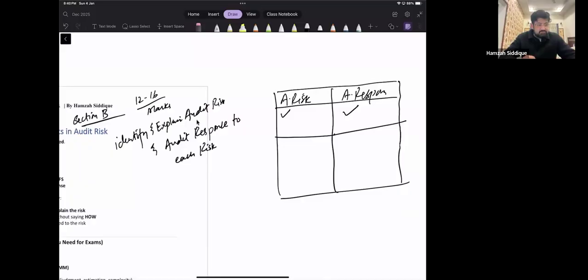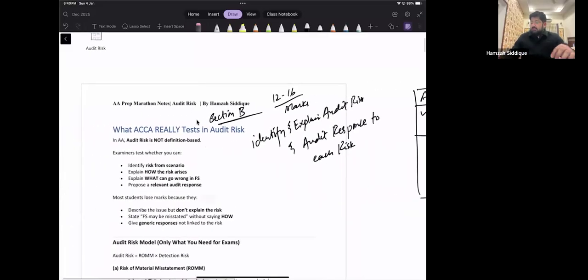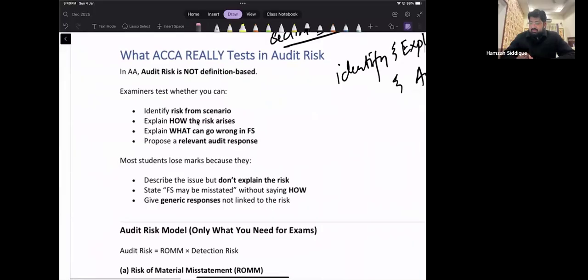Now, the next is, the examiner actually tests whether you can identify audit risks from the scenario.